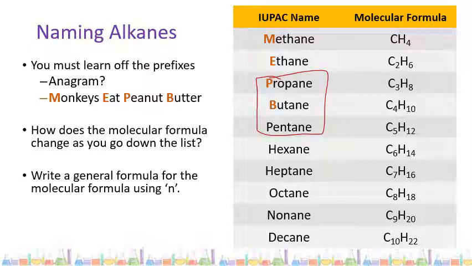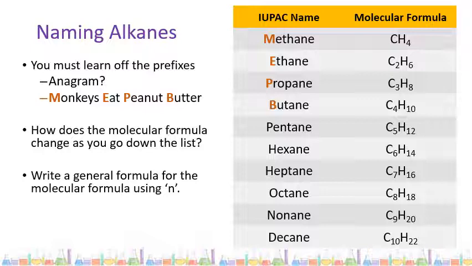People mix up propane and butane, or propane and pentane, because they don't take a second to think about it. So I would just be aware of that. You can learn off monkeys eat peanut butter if you want, or make up your own, it doesn't matter, as long as you know the order that they're in. You might need a longer anagram if those ones don't seem as obvious to you as I think they should.